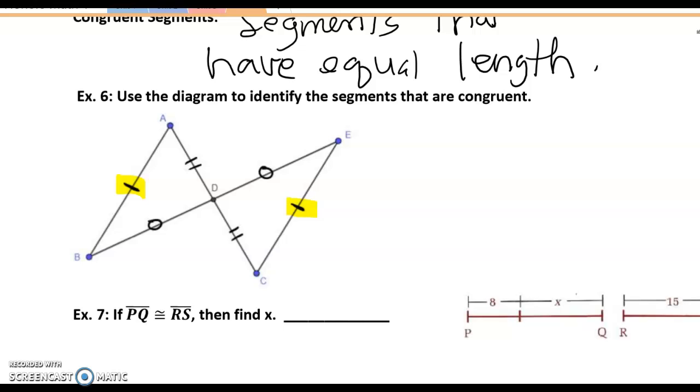And the way that is written is this way. All right, so segment AB is congruent. This is the congruent symbol. All right, it's an equal sign with that tilde. All right, so segment AB is congruent to segment CE. This is a statement of congruency for segments.